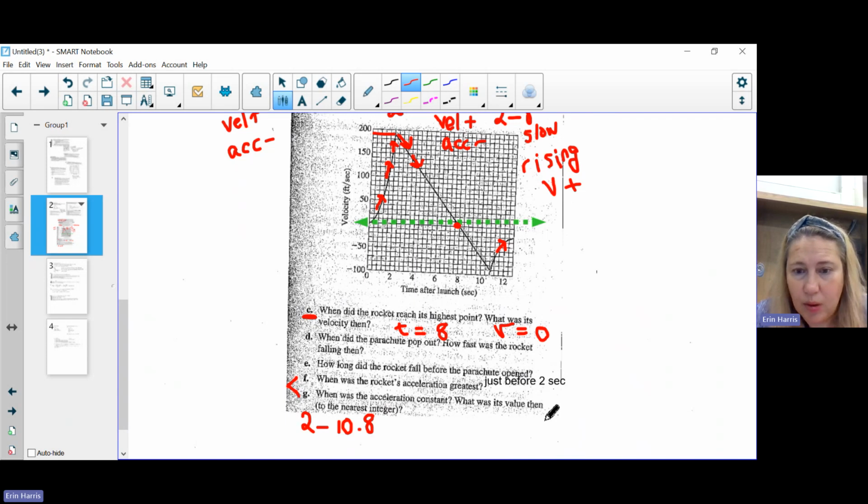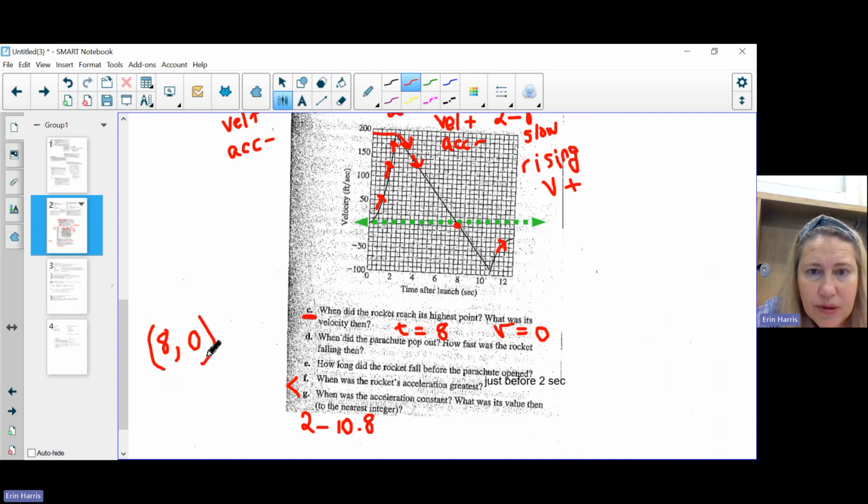Okay, and then it wants to know, what is the acceleration? So you've got a linear function. Let's find the slope of it. To find the slope of a linear function, let's pick some points that we know are on there. For example, I know the point (8, 0) is there, because that's where it changes direction.